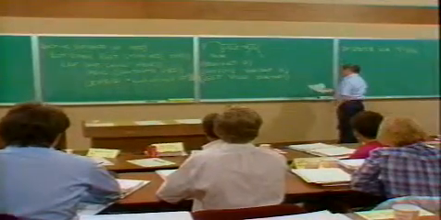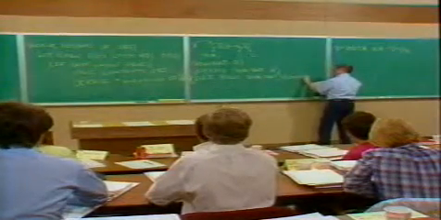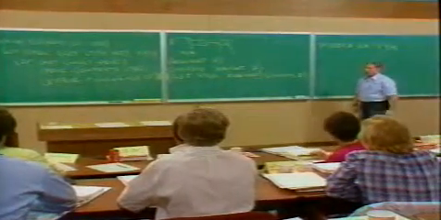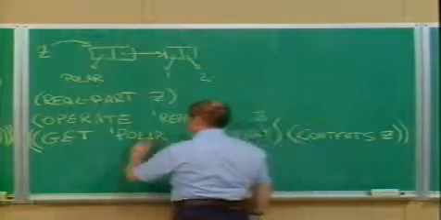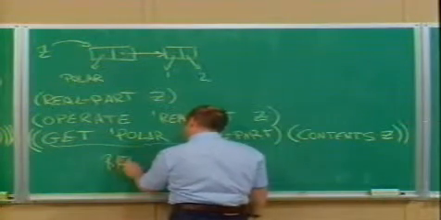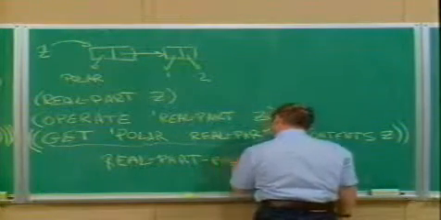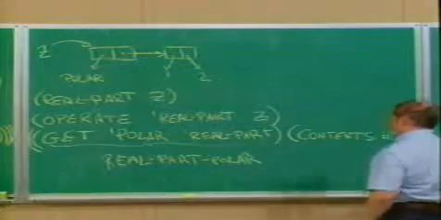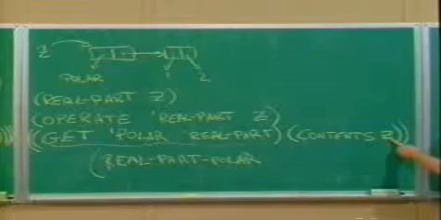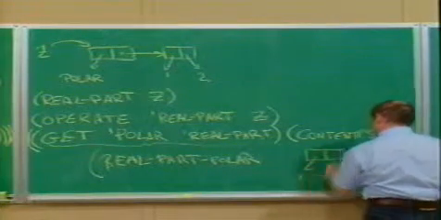It's going to look in there and apply that to the contents of Z. And what's that? If everything was set up correctly, this thing is the procedure that Martha put there. This is real part polar. And this is Z without its type, the thing that Martha originally designed those procedures to work on, which is 1, 2.